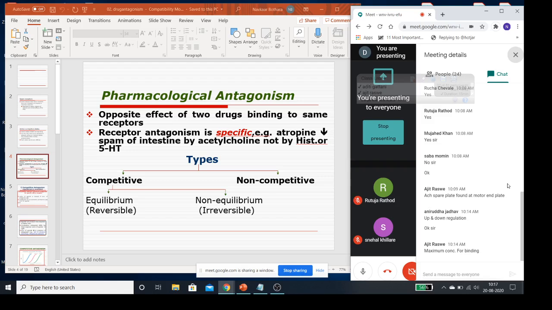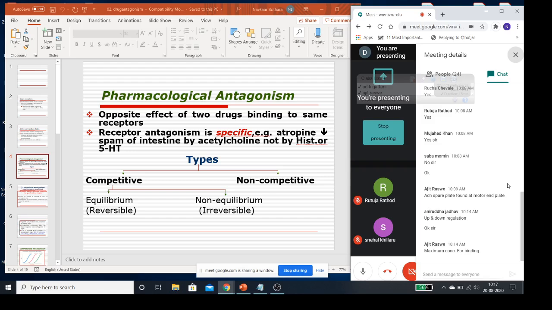So agonist concentration is not going to make much impact on non-competitive. Only thing is, if the antagonist comes out, then it can make the structure again in a similar manner. So this is how we classify antagonists.